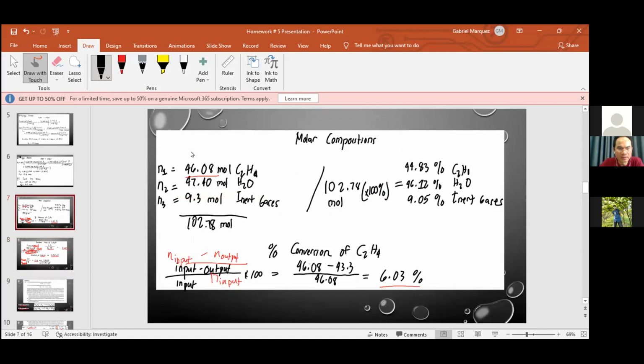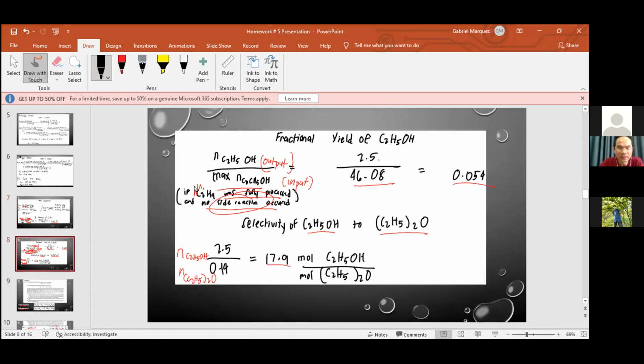The yield, next slide. Number 8. Okay. Where is yield? Yes, the yield. We have at least 3 definitions of yield, but for this case you use the output or the production of ethanol divided by the maximum ethanol.